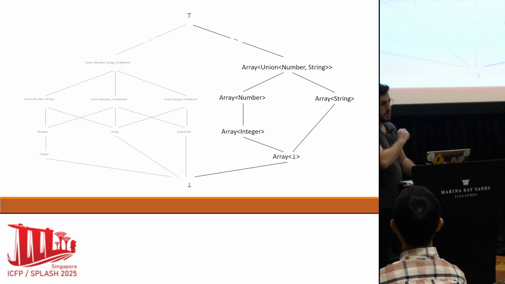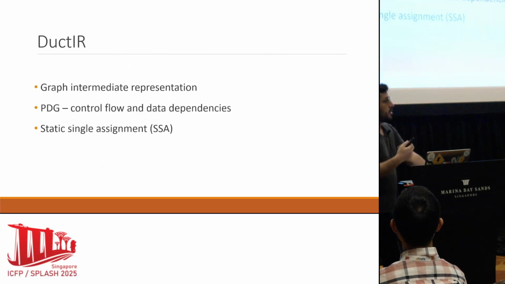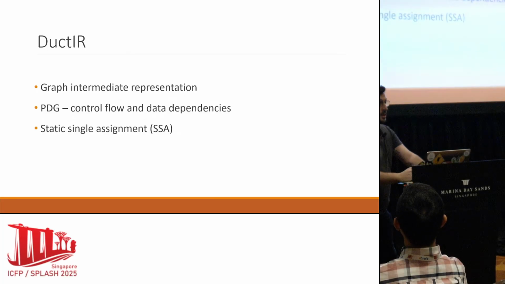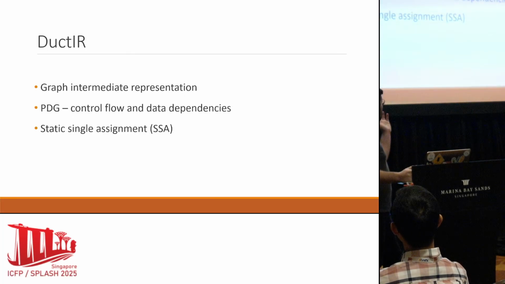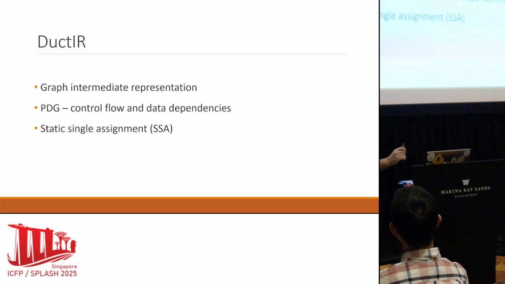Yeah, so all of this type domain and type analysis we decided to perform over an IR we have defined, which we called Duct.IR. It is in the structure of a program dependence graph, which encapsulates both control flow and data flow. It's very low level-ish, I will say.